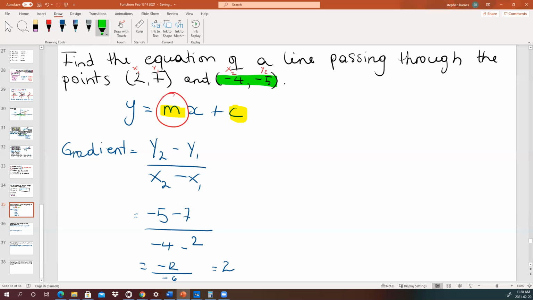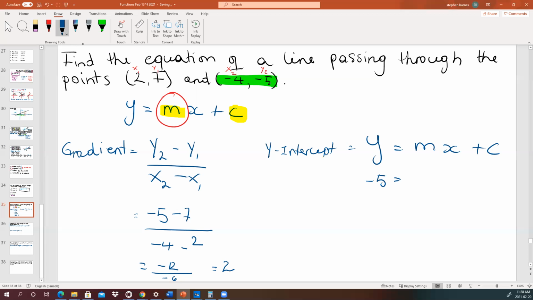All right, so to find our y-intercept, I'm going to use the equation of the line, y equals mx plus c. So I'm using my y from this, which is minus 5.